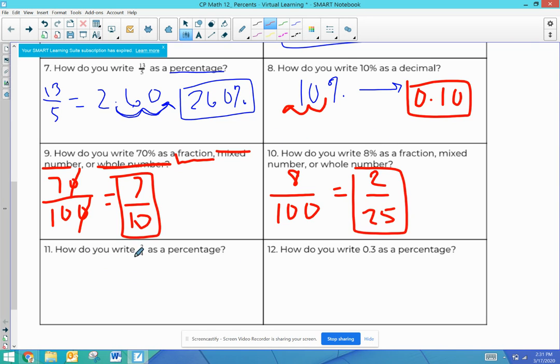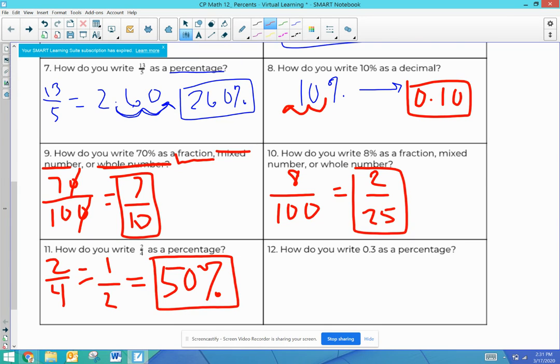11, how do you write 2/4 as a percentage? Okay, this one I don't need a calculator. That's a brag. 2/4 is equal to 1/2. And I know 1/2 is 50%. Good for us. And then finally, how do you write 0.3 as a percentage?